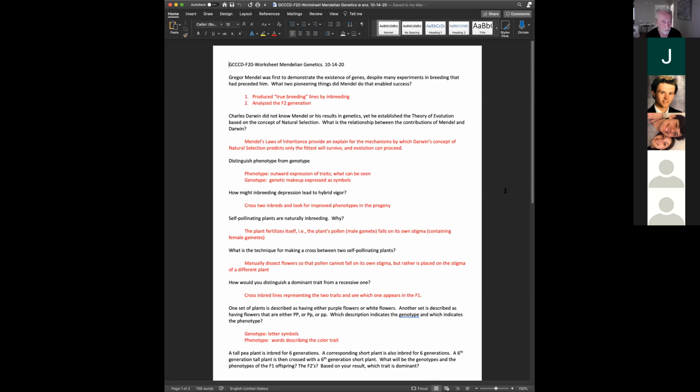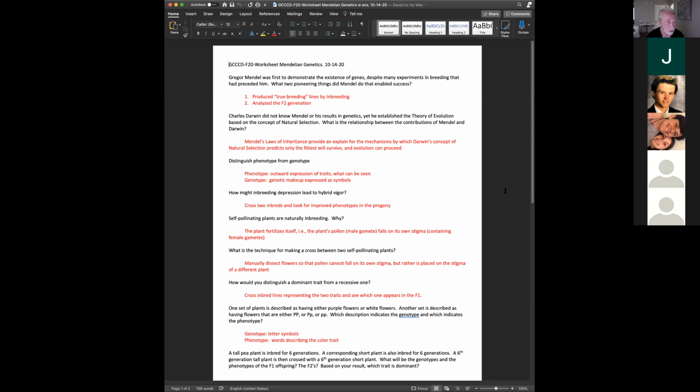He took two individuals from F1, crossed them with each other, and got an F2. And it's only in that way that he discovered recessive characteristics. They only show up in the F2. So that's a very important point, two very important points of what enabled Mendel's success.